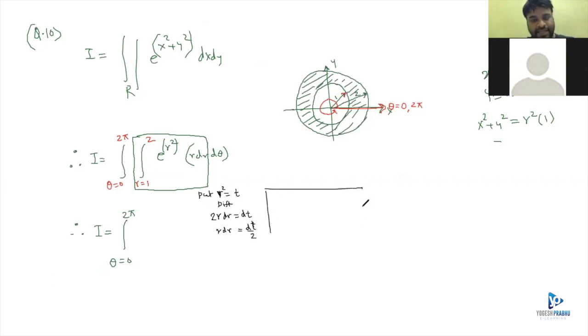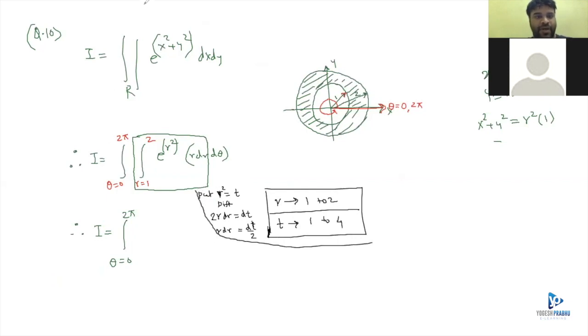And then change of limits. When r is 1, t is 1. When r is 2, t is 4. So now with this replacement, what will be your integral?